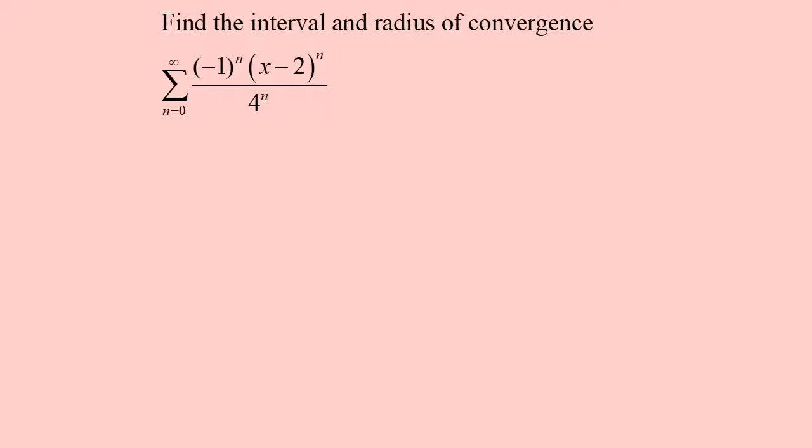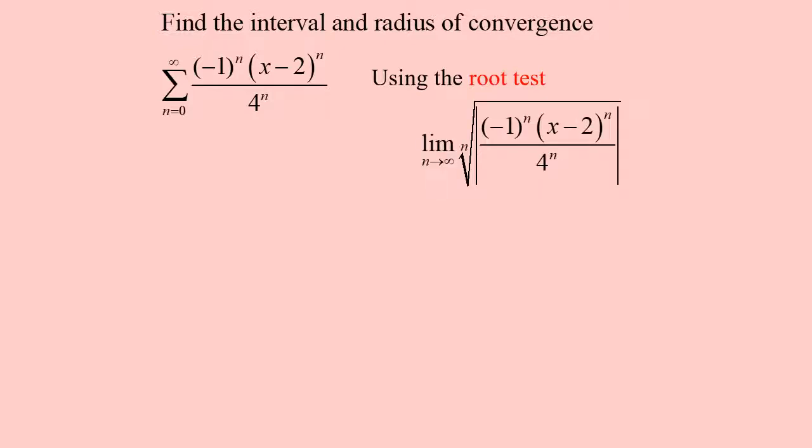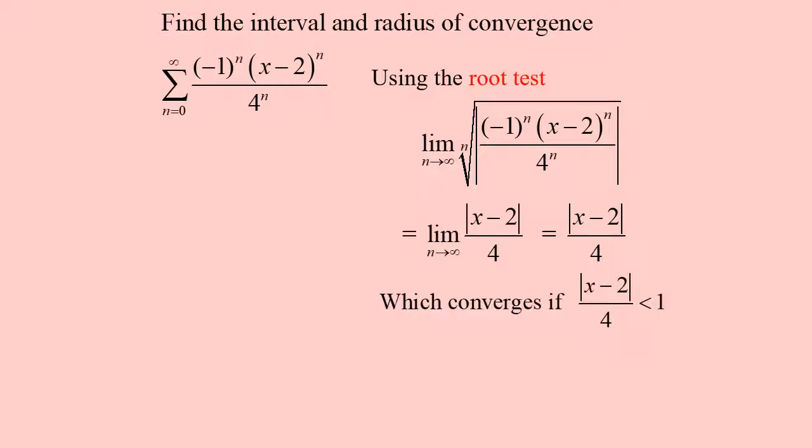One more example on finding the interval and radius of convergence. This time we'll use the root test. Here's what the root test looks like. If we do the limit as n goes to infinity, we see that we get just the absolute value of x minus 2 over 4.